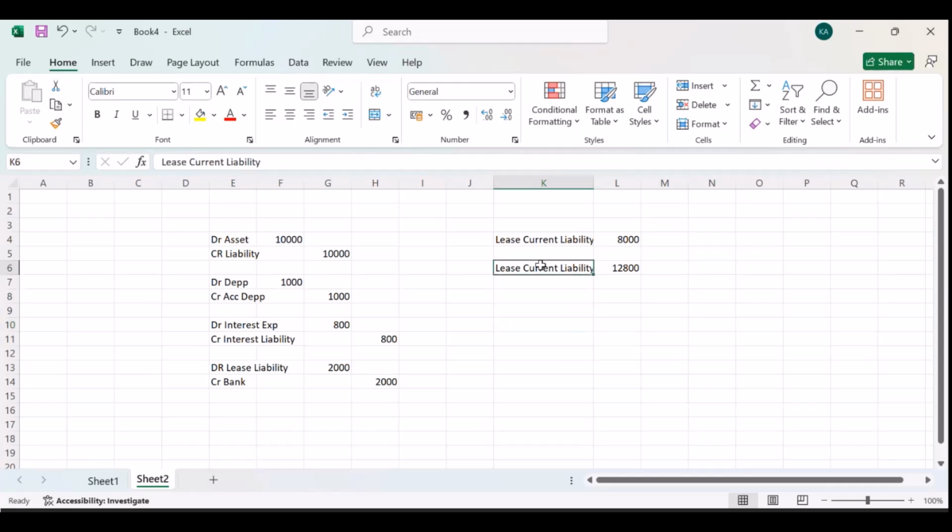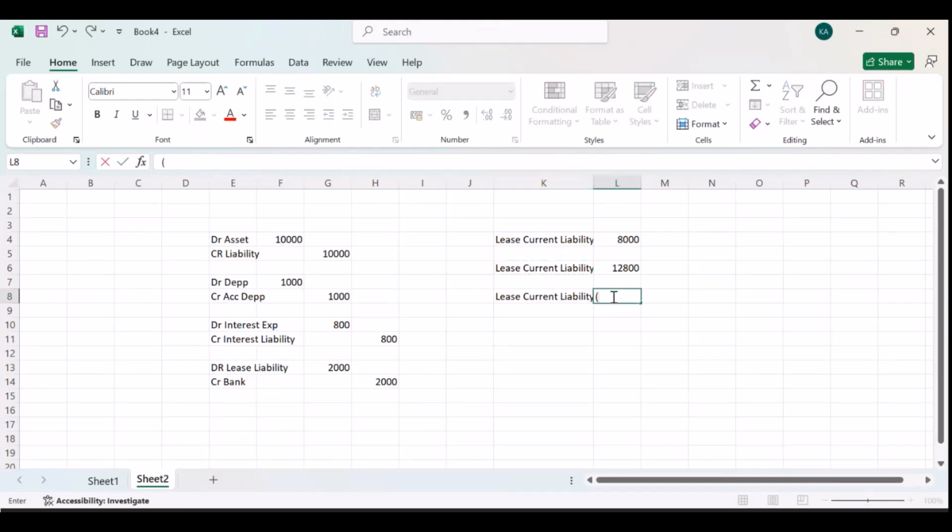I'm also going to do mine here. My lease liability, what did I start off with? I started off with what? 10,000. Then I accrued 800 rand, plus 800. Then I debited it 2,000, minus 2,000.